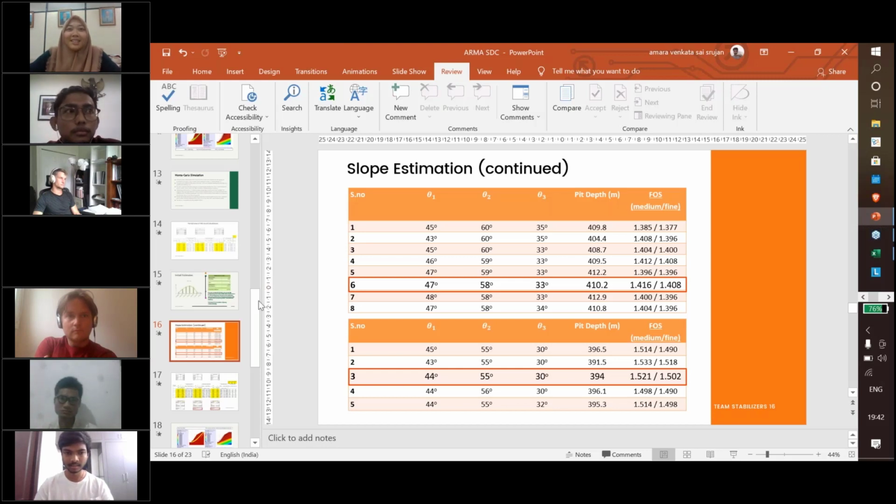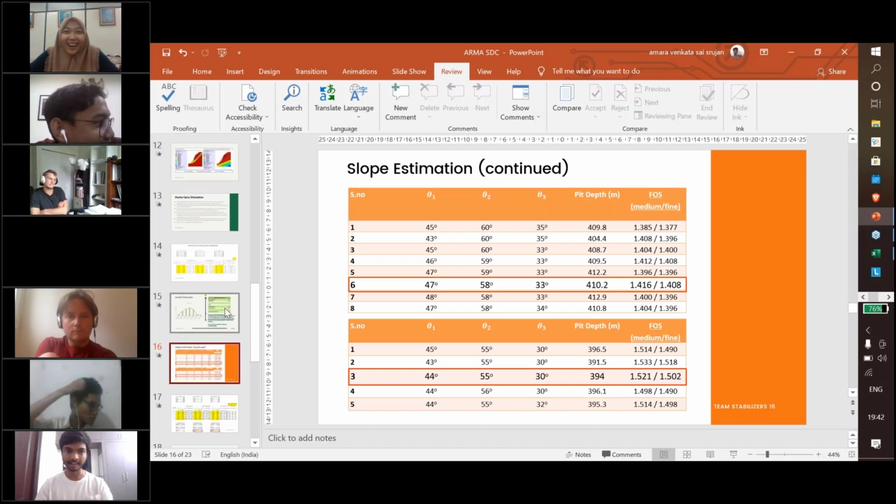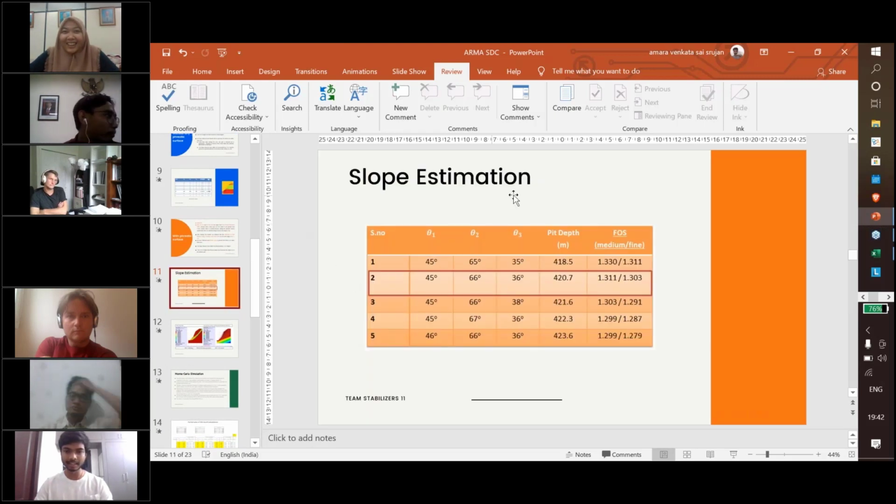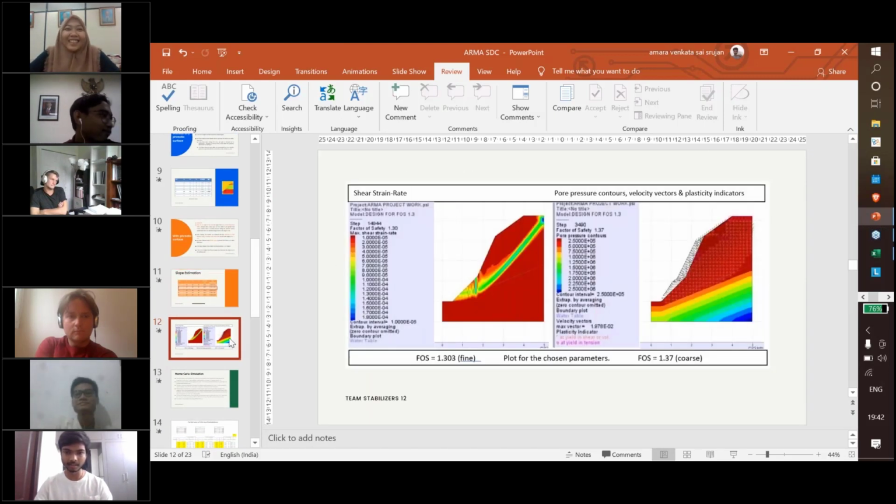I'm just wondering if, when you were playing with the parameters, you observed slope failure limited to the top layer? Yeah, it happens sometimes. There were cases where the failure just happened in the top surface and the bottom surface was stable.